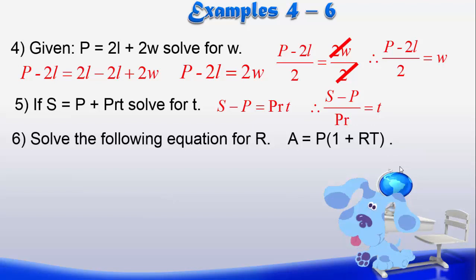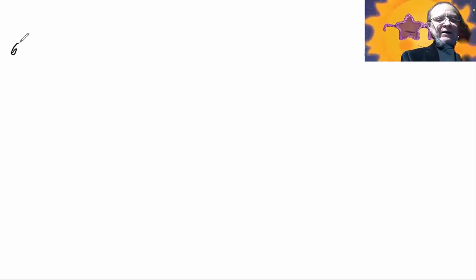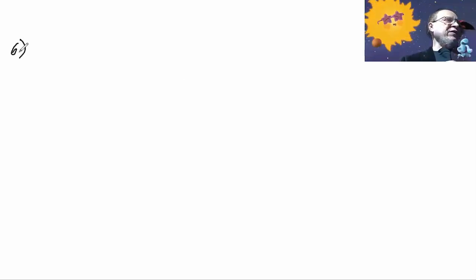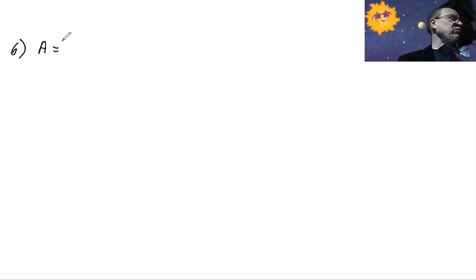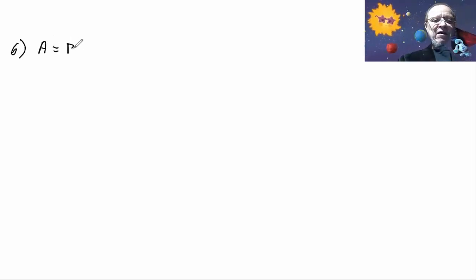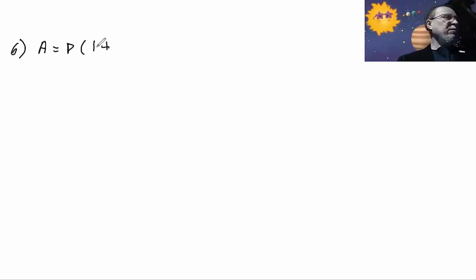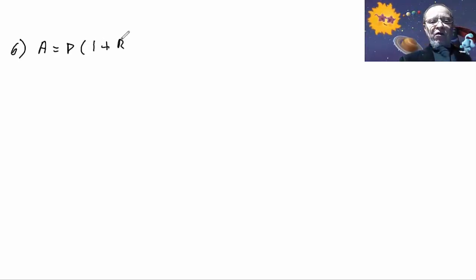A is equal to P times 1 plus RT. Let us go over to the whiteboard and work this one out. In example number 6, we will have the equation A is equal to P times 1 plus RT.